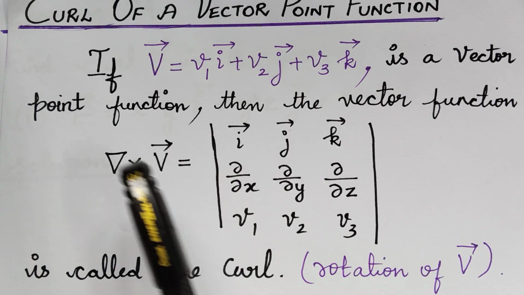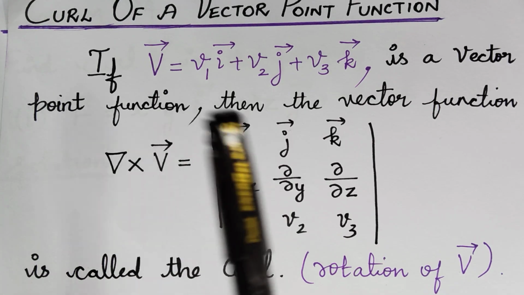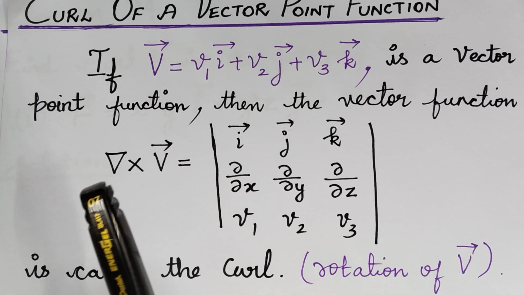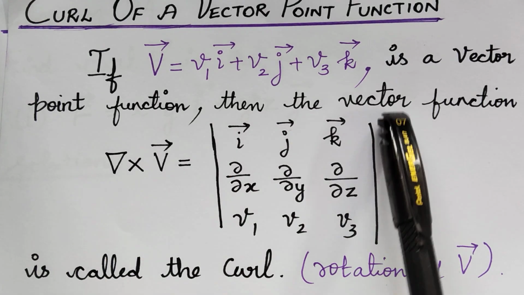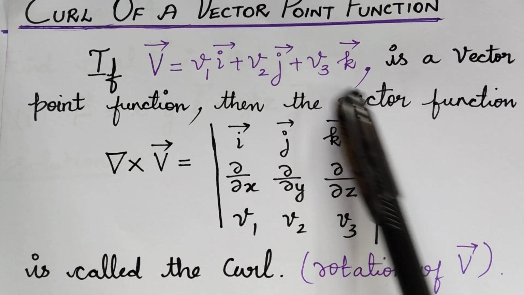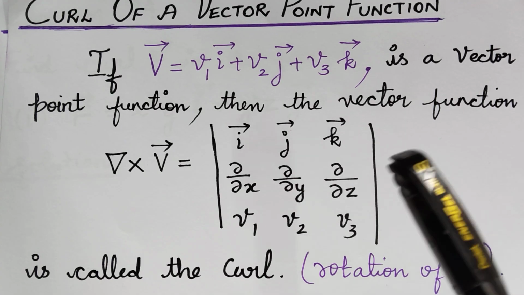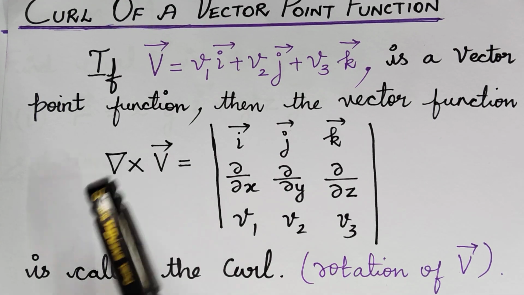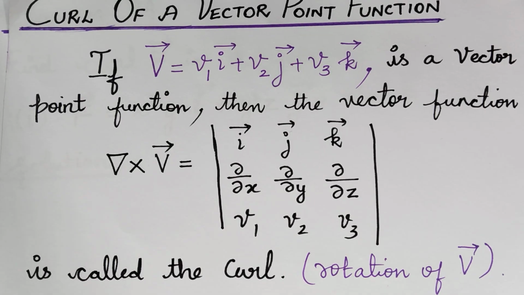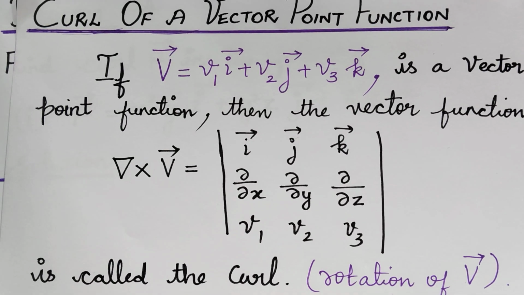The dot product between nabla and v gives the divergence, whereas curl is the cross product between nabla and v, given by this determinant. So we have to calculate this determinant and find the curl of the vector point function v.